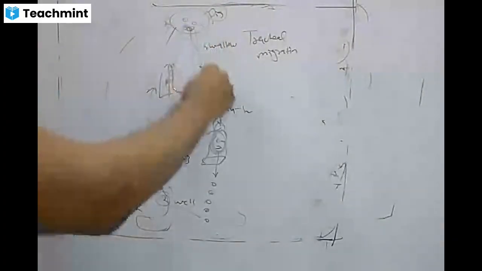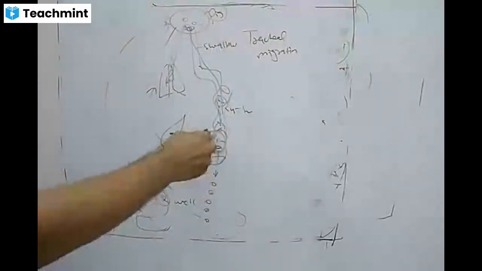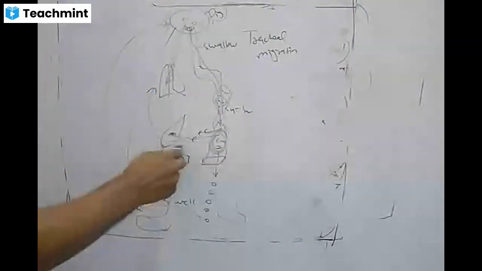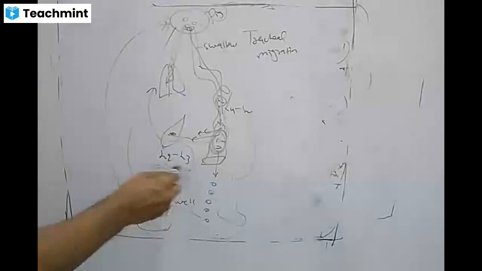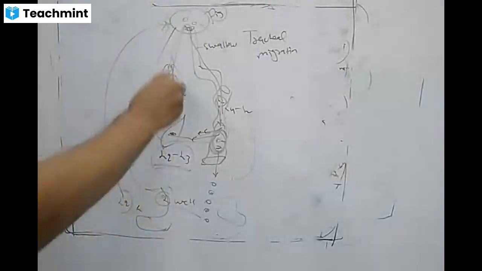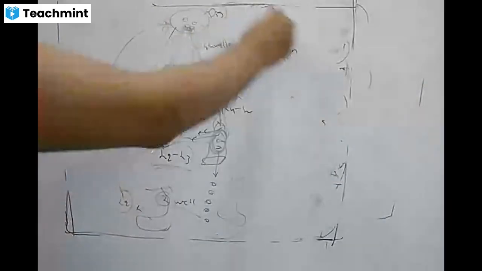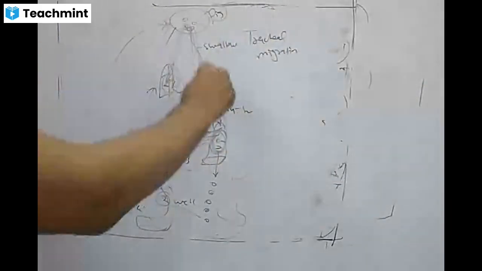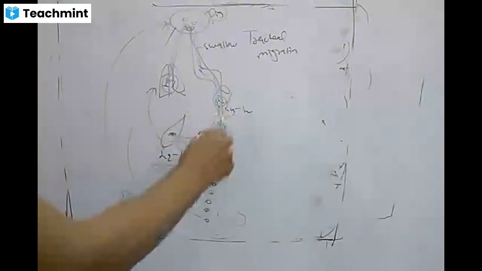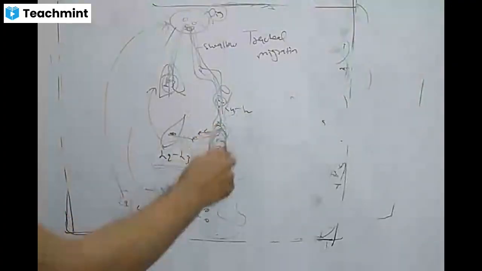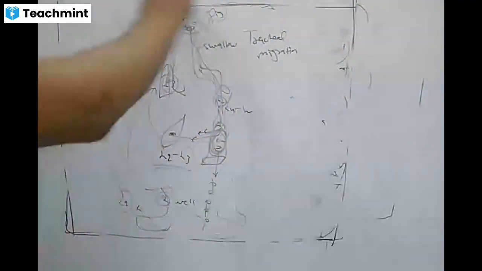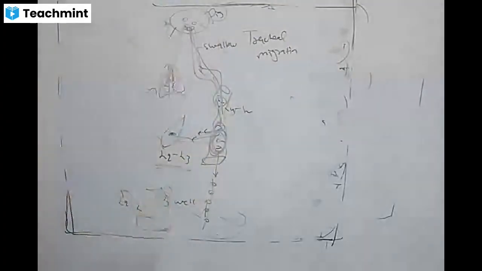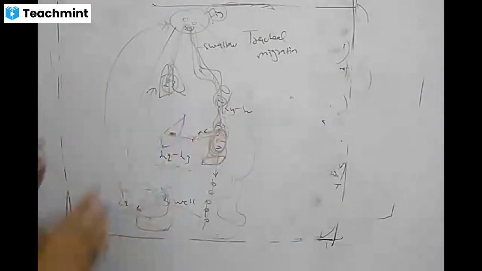Then again intestine, crossing the intestine, portal blood, liver, molting L2 to L3. Then this L3 enters lungs, trachea, we call it tracheal migration, then swallowed. Then this becomes L4, then L5, then adult, then eggs. So this thing keeps on going.